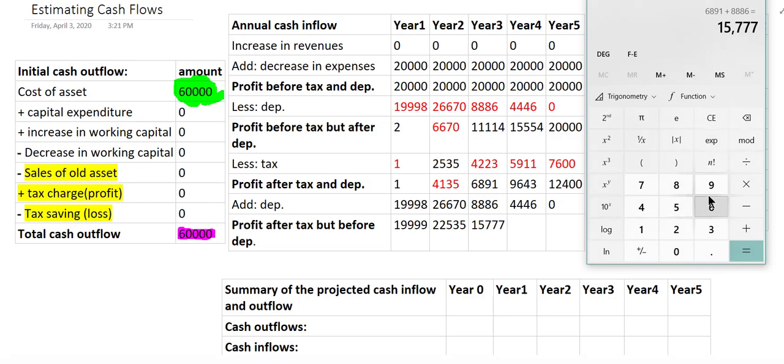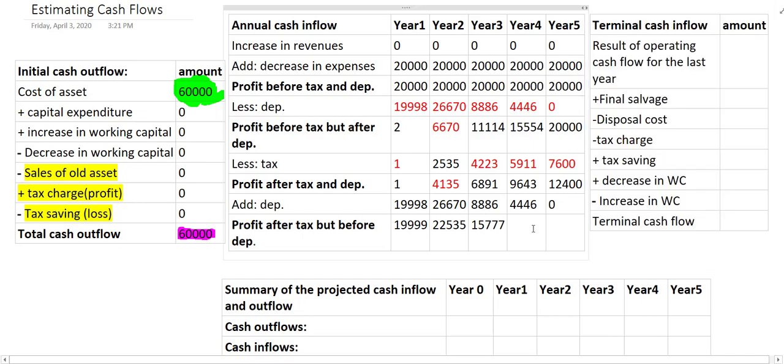So 9643 plus this one, 4446, right? Which is equal to how much? 14,089. This is the amount. And for the last year, this amount plus this one, you get the same thing. 12,400, right? So this is the information regarding the annual cash inflow.